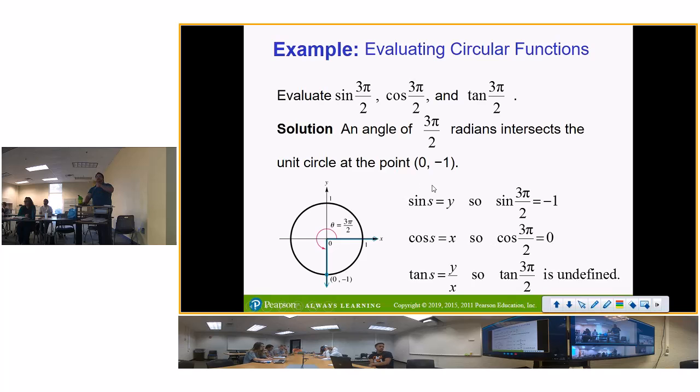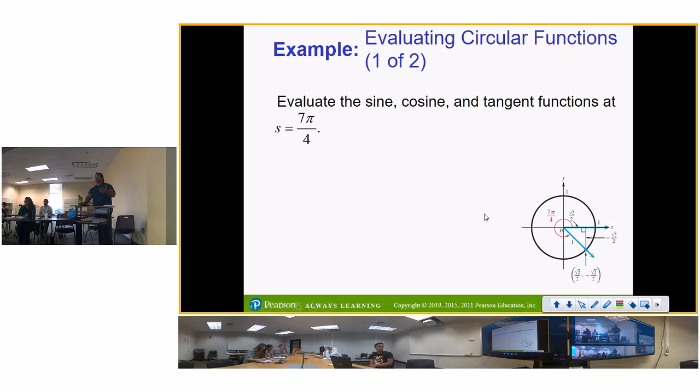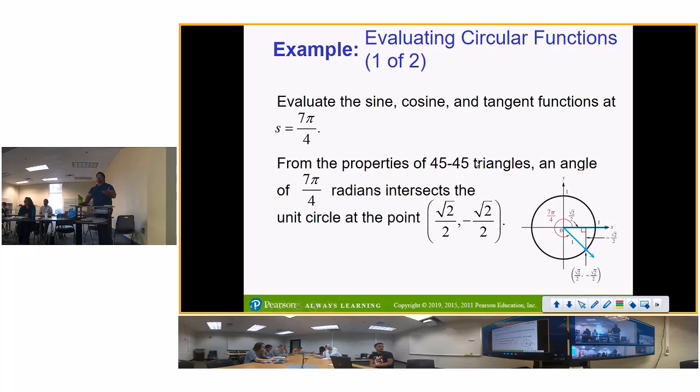I'm kind of glancing over this because we've already covered it. It's basically fill out the unit circle, and by the time you get through with it, you've got the unit circle filled out.